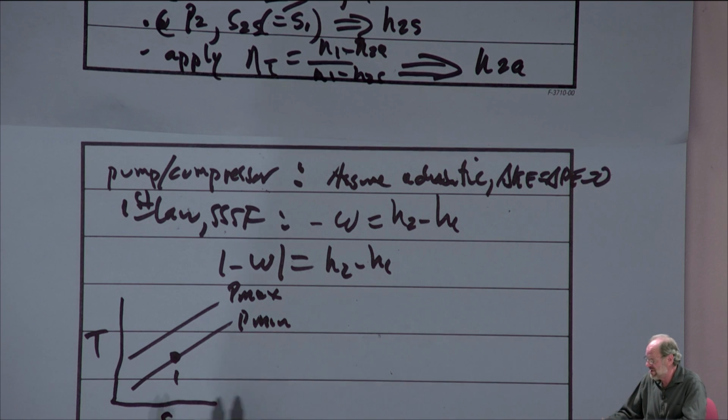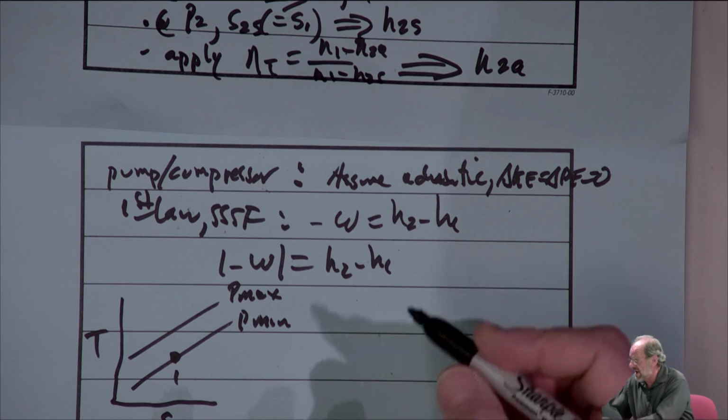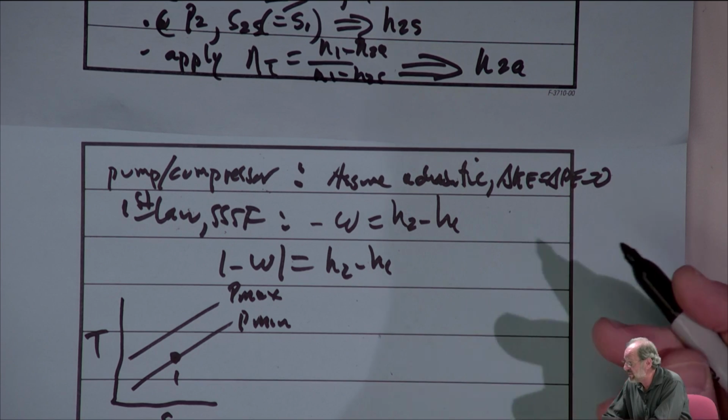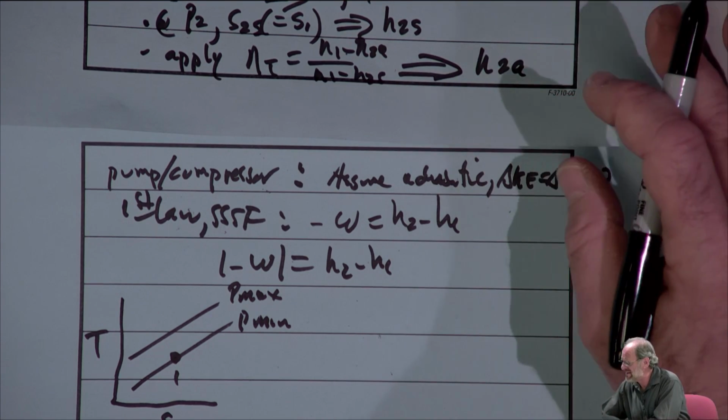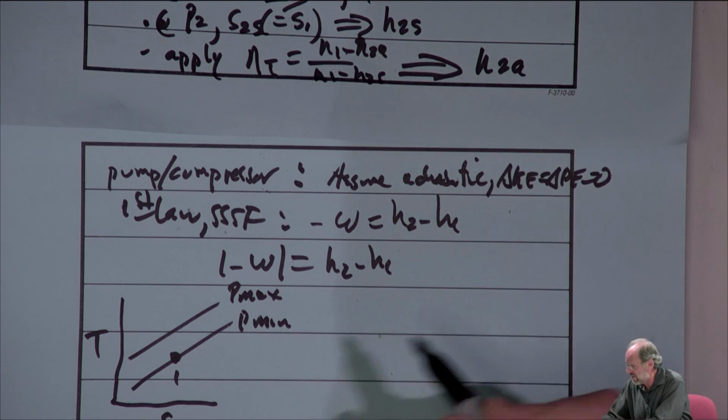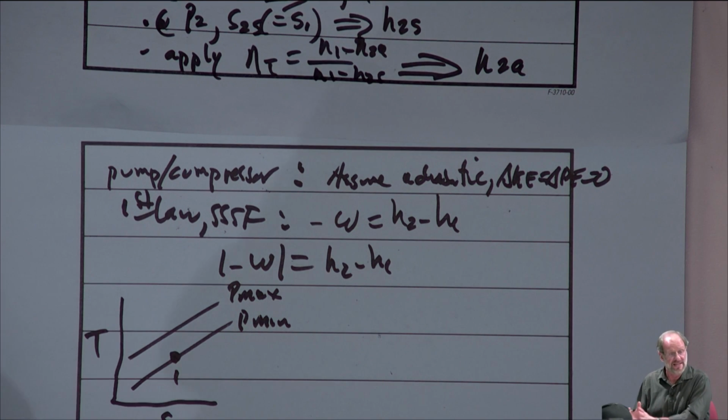But in either case, we have a pressure increase as we go from the lower to the higher pressure, and we move vertically upwards. We'll again note, like we did before, that point 1 represents the known inlet conditions to this pump or compressor, and that at the outlet we have really two possibilities.